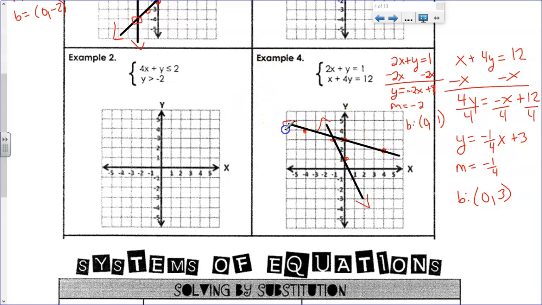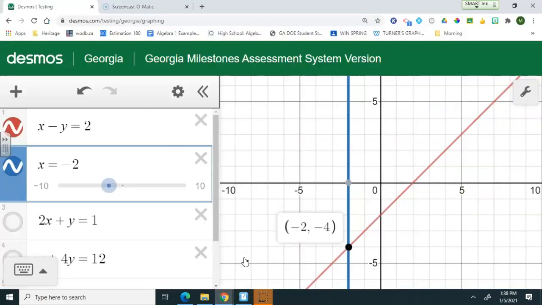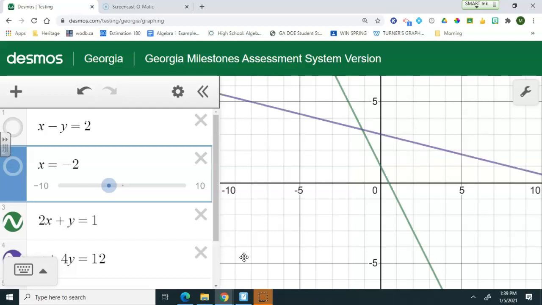Now if you notice, they don't always intersect at a point. Here would be a good multiple choice question because it could ask approximately where this was, like approximately (-1, 3). Let's go look at Desmos. In Desmos, you can click there to turn some off so you don't have everything on there.